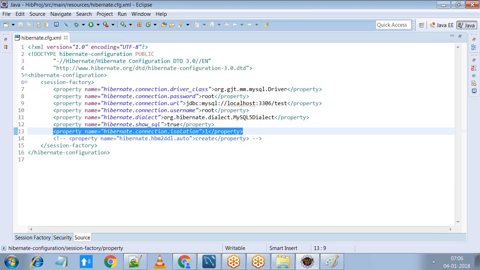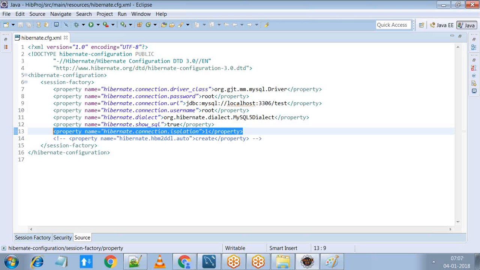But you know what here? The reading transactions can still read the data from this data set. So they will have access to this data.